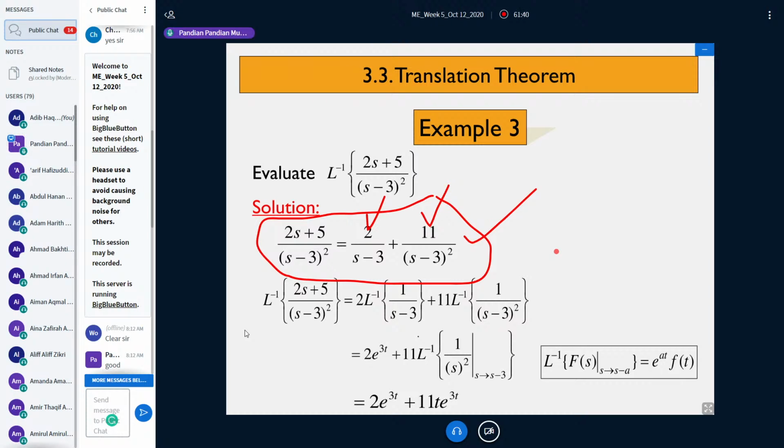Some can do it intuitively, no calculation, no steps, no process, just put the values 2 and 11. How to do that is your ability and skill. But you may ask, how come 2 and 11? Of course, it does not fall from the sky.